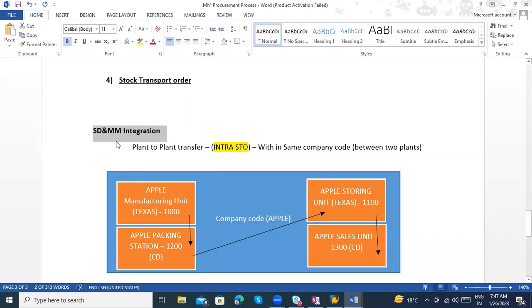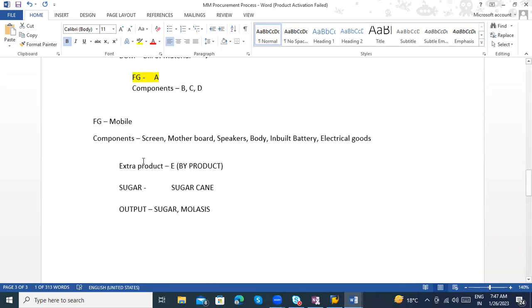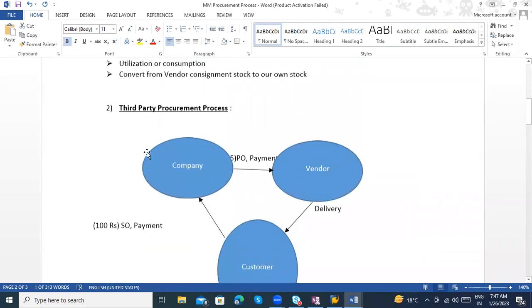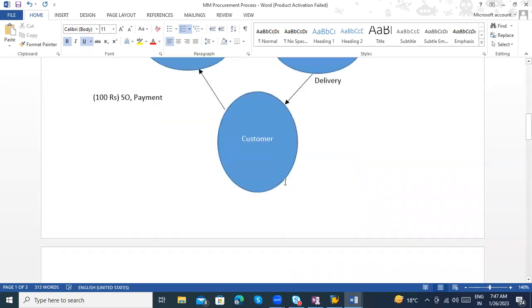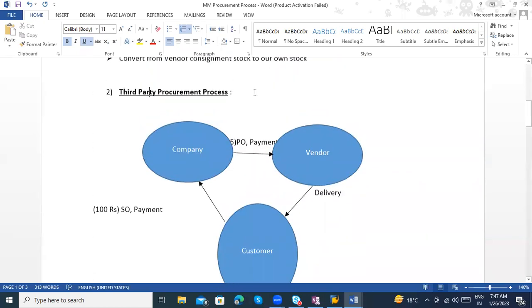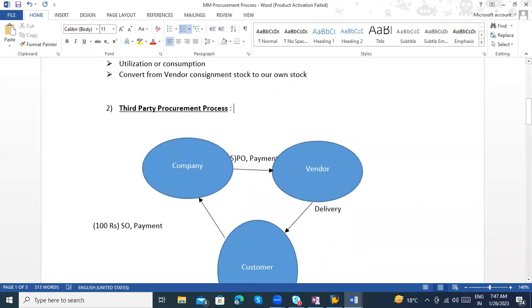In this process, the entire process will not be performed from the MM point of view; some of the process is SD process. In the third party process also, the customer gets an order, which is performed by SD people, and we create the PO by reference to the sales order. That is the MM part. That's why the third party process is also MM and SD integration.